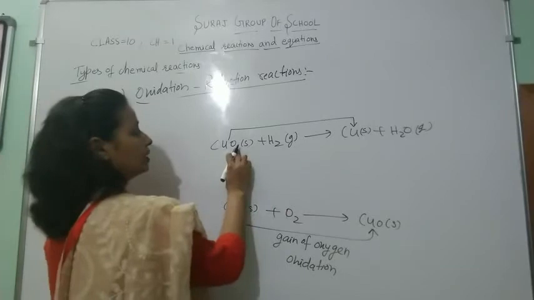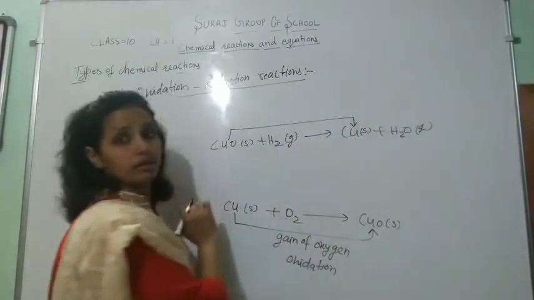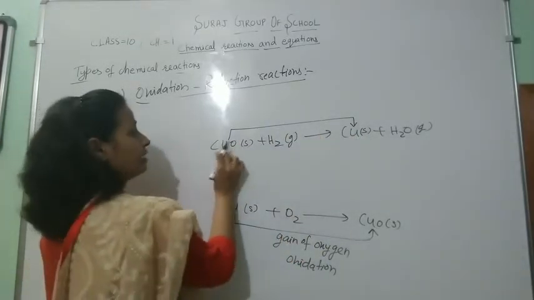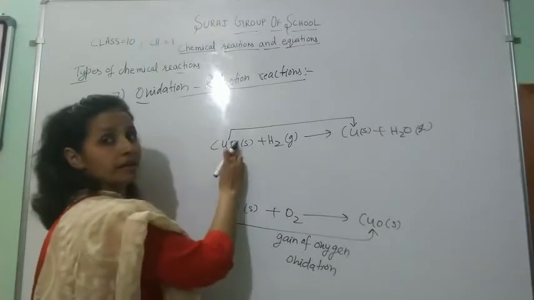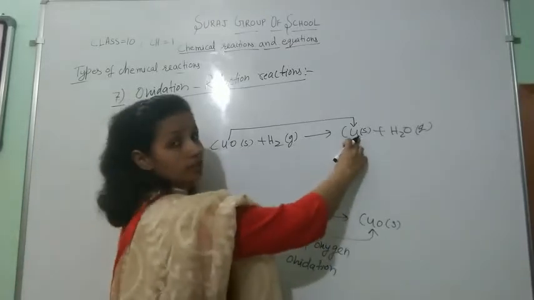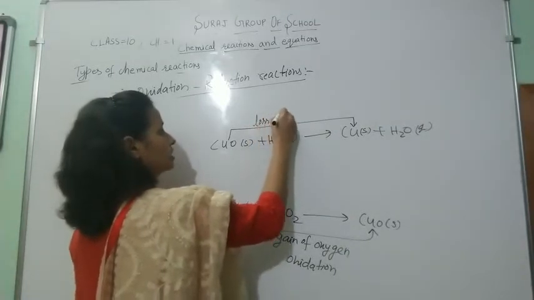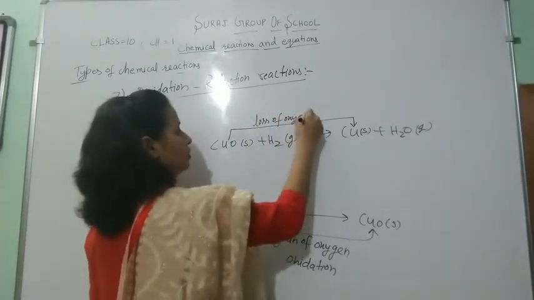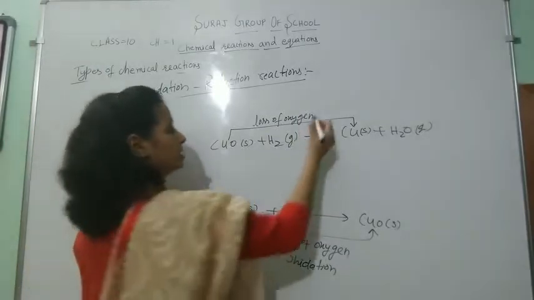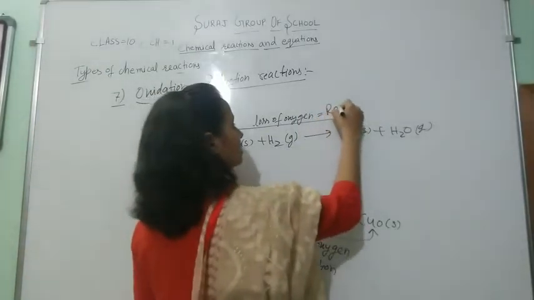Now, copper oxide is converted into copper. Here copper was combined with oxygen, but now there is no oxygen with copper. So we can say that loss of oxygen is known as reduction.